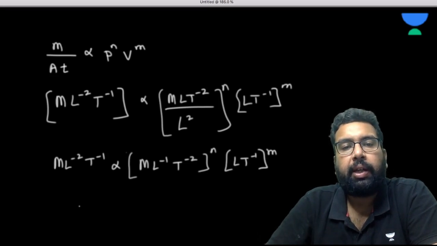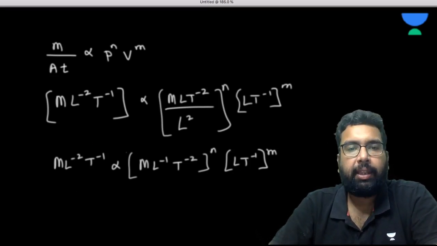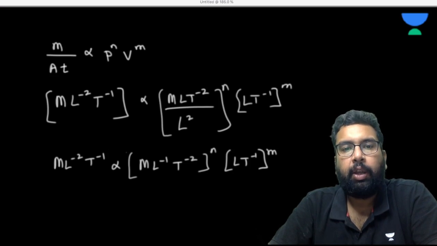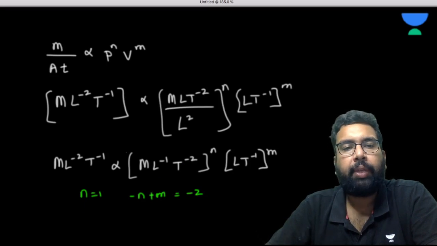See, we can compare the powers of the same bases as always. When comparing the power of M, can we say n is equal to 1 straight away? And now minus n plus m is equal to minus 2.